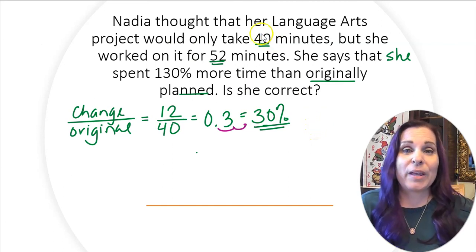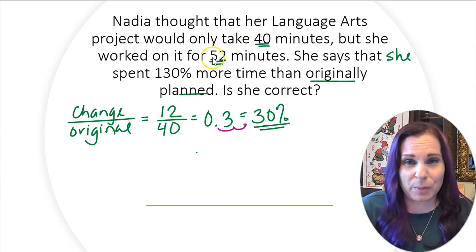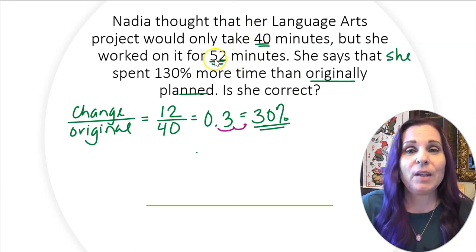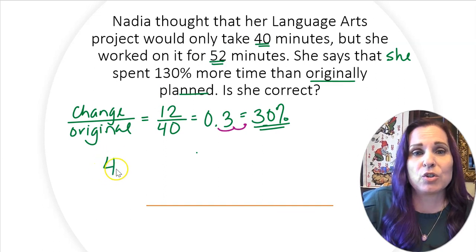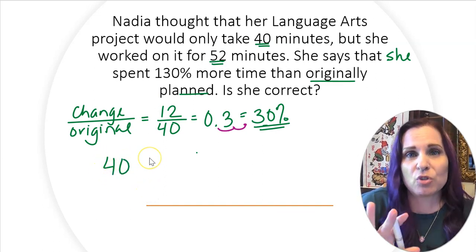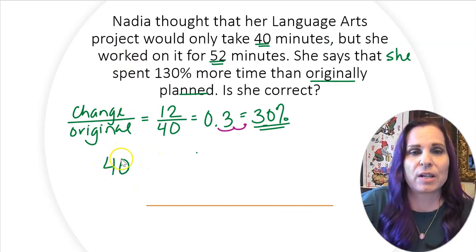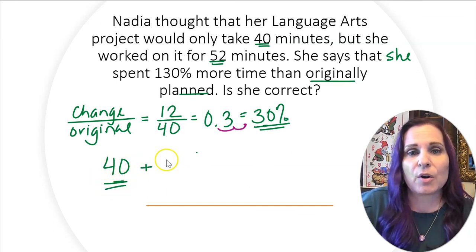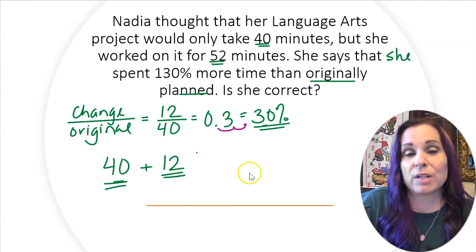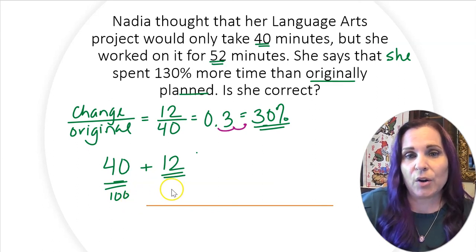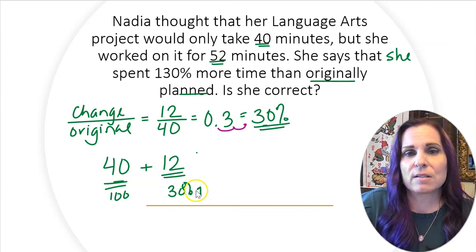Okay, so if it were 130% more, that means that we would have our original 40, right? Well, let me show you what 30% increase looks like. We have our original 40 plus our 30% increase, right? This is our original amount, and then we're adding on to it our 30% increase.